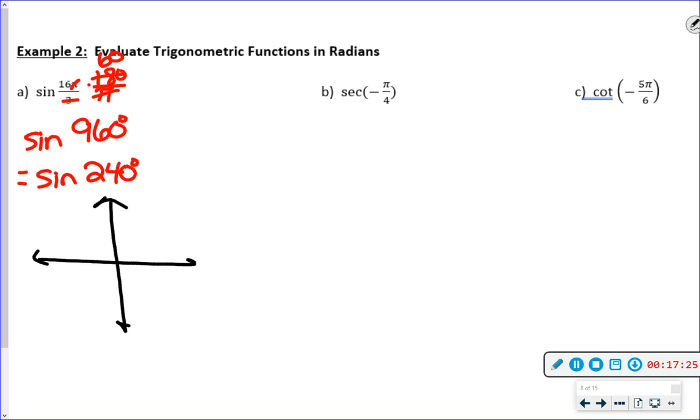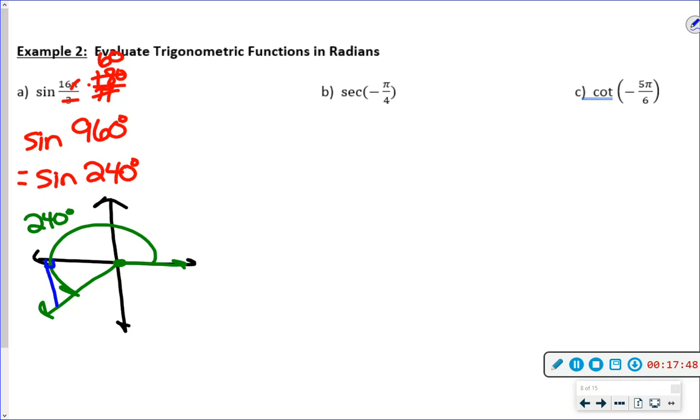Okay, so 240, of course. So rotating 90, 180, 240 is going to be past that. I like to dramatically label. You do not have to. Make your right triangle with the x-axis, of course. Key is that reference angle.